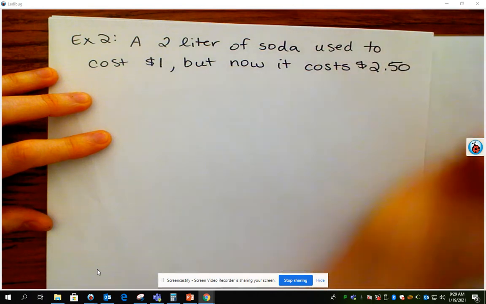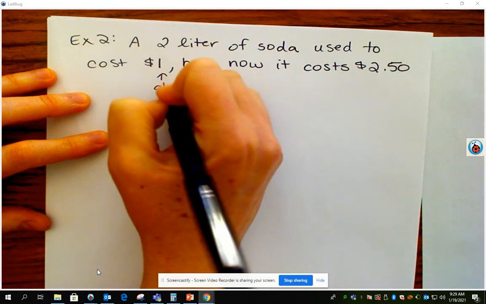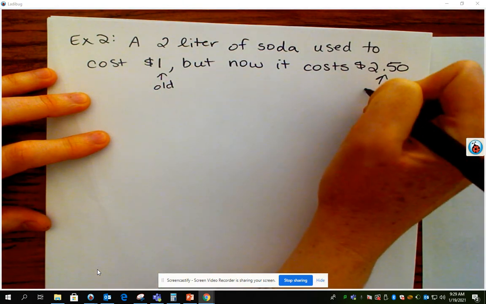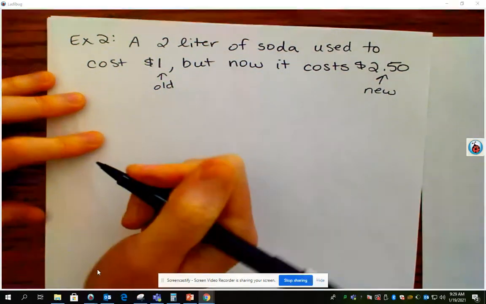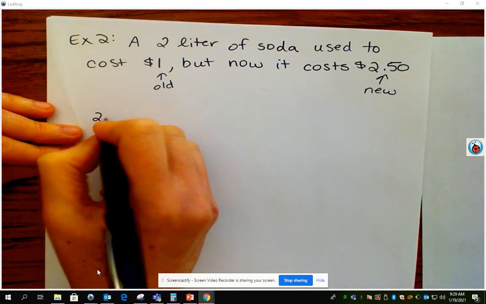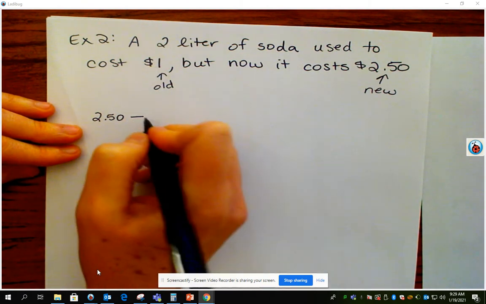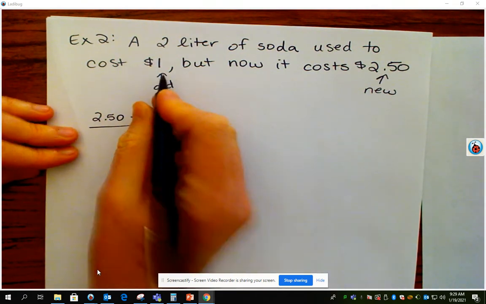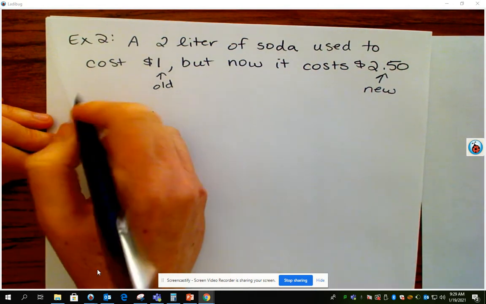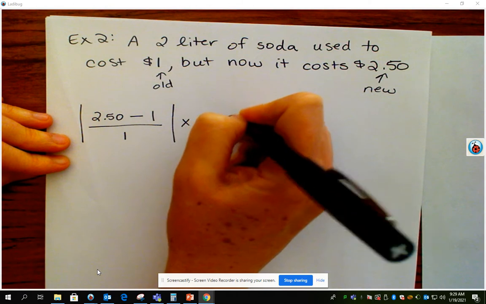So again, identify used to cost, that's going to be the old price. Now it costs, that's going to be the new price. And we're going to put it into our equation. So new price, $2.50, minus old price, 1, divided by old price, 1. Take the absolute value, multiply by 100%.